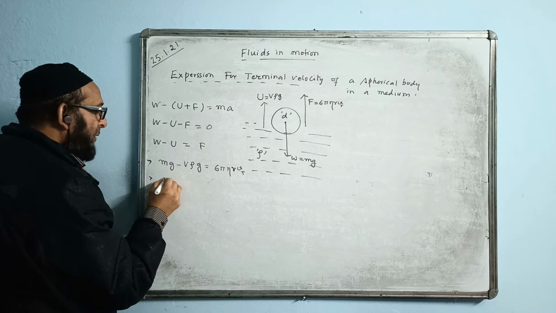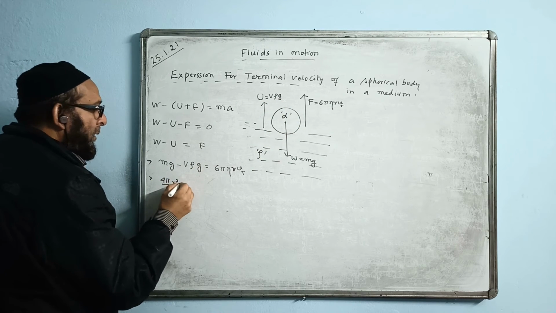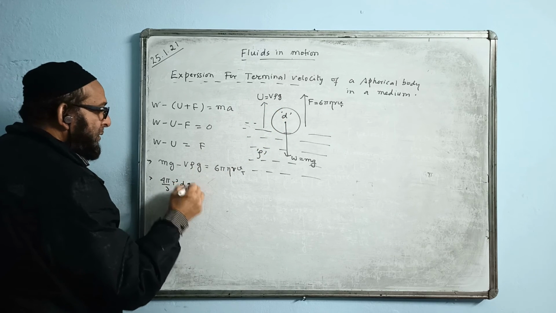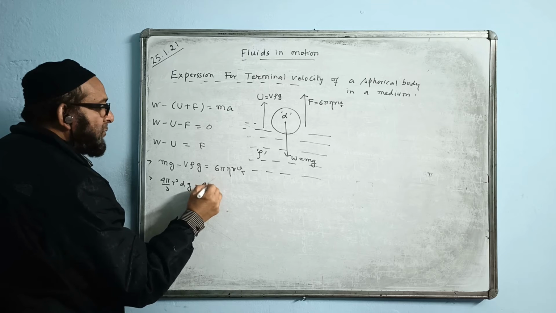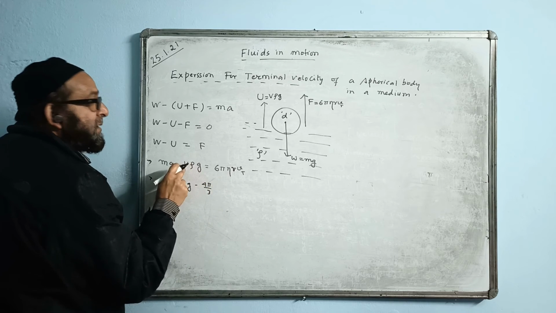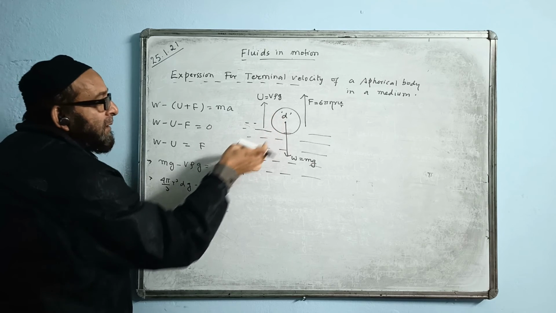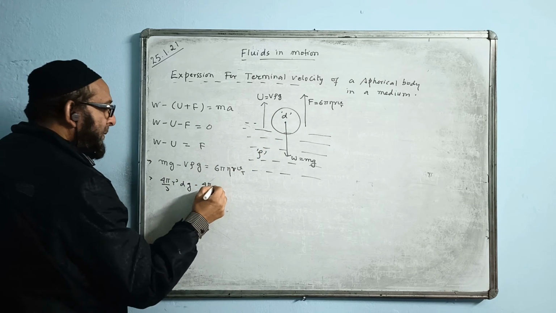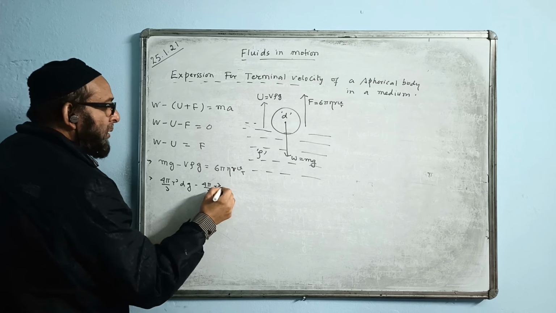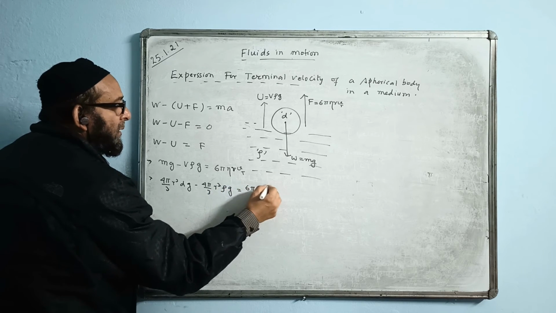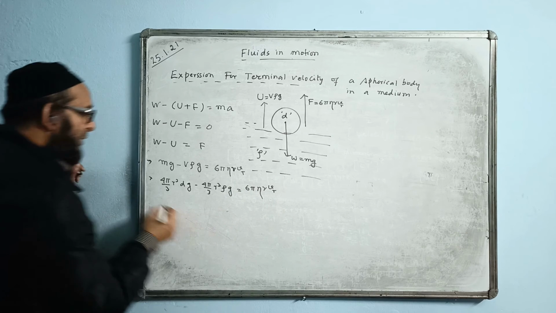The volume formula is 4/3 πr³, and the density of the spherical object is d, into g, minus V. Again we can write for this also 4/3 πr³, where V stands for the volume of the object which is experiencing upthrust by the medium. So 4/3 πr³ρg equals 6πηr vt, the terminal velocity.